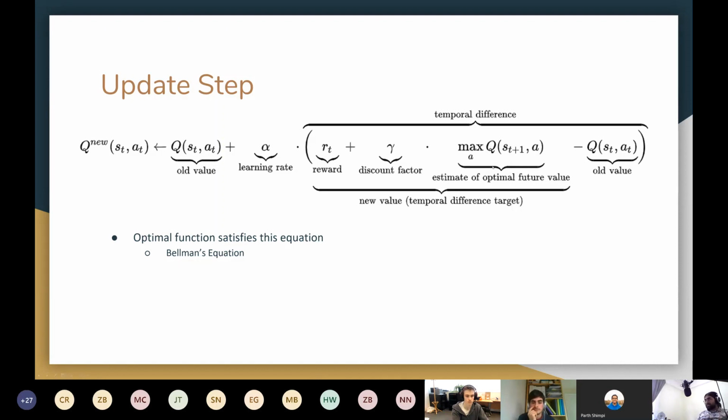So like the maximum possible future value I could get after taking this action. And so this is my new guess for how valuable things would be.